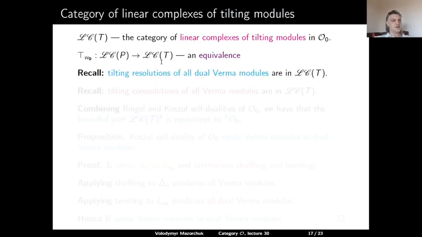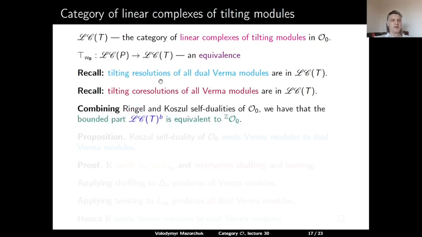We know that all tilting resolutions of dual Verma modules are linear, and all tilting co-resolutions of Verma modules are linear. Combining the Ringel and Koszul dualities of O, the bounded part of the category of linear complexes of tilting modules is equivalent to the graded version of O.